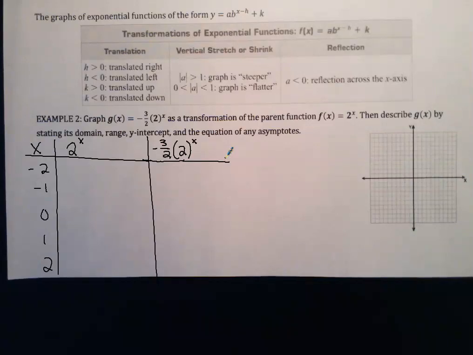So for our first one, when x is negative 2, we're going to have 2 to the negative 2 power. Well, that's the same thing as 1 over 2 squared. Oh yeah, because it's a negative, it'd be 1/4.